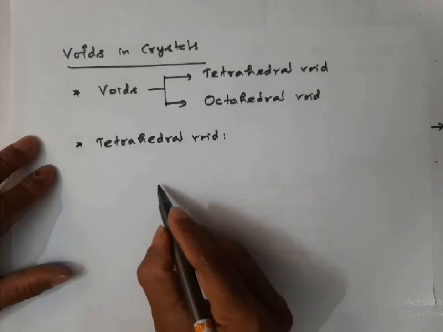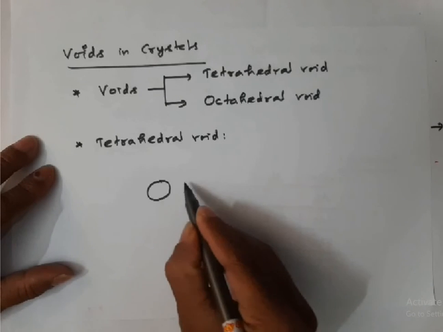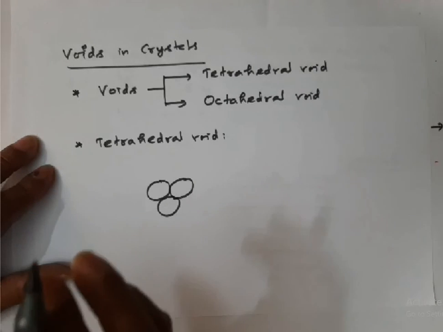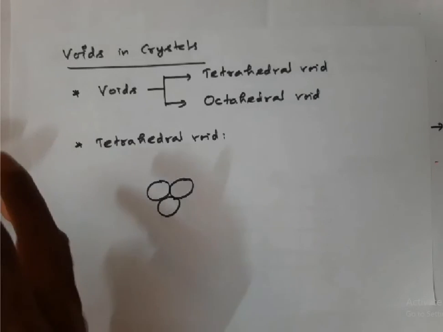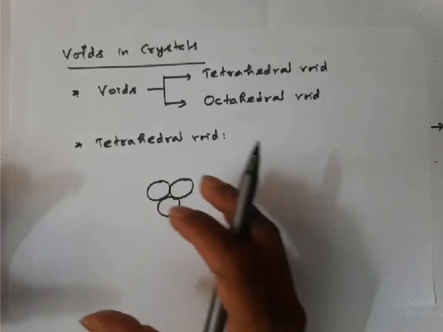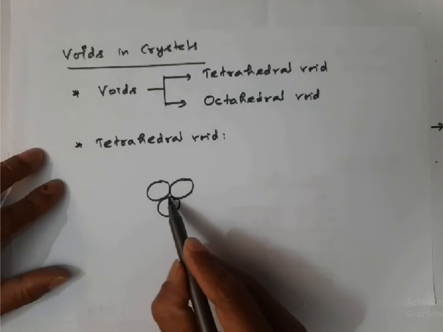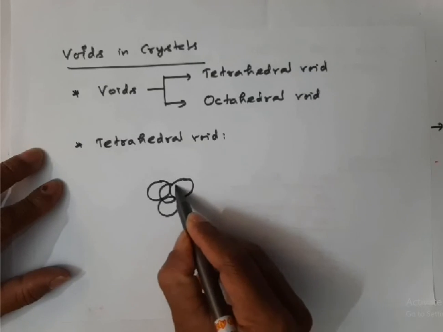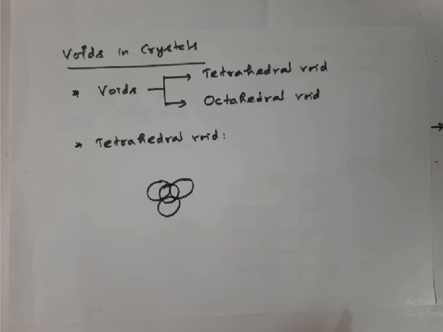Listen, suppose I take three atoms, or just imagine atoms as balls. You place three balls close to each other, and there is a depression in the middle, and you place one ball over the top. You take three balls, keep them together, you will get a depression at the middle.